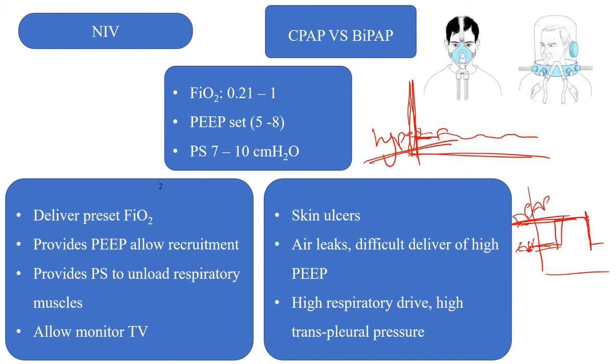You can set the machine FiO2 from 0.21 to 1, the PEEP 5 to 8 centimeters of water, and a higher PEEP cannot be used due to leaks from the oral masks, and pressure support of about 7 to 10 centimeters in the BiPAP mode. It will deliver a preset FiO2. It provides PEEP, provides pressure support to unload the respiratory muscles, and monitors the tidal volume.